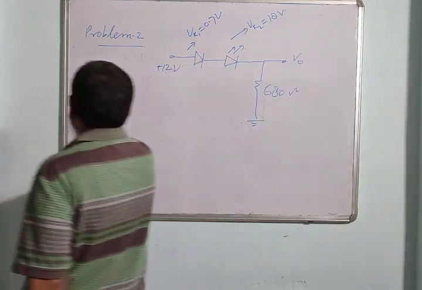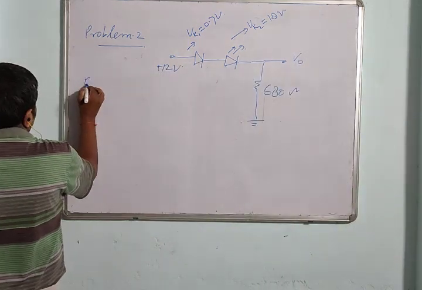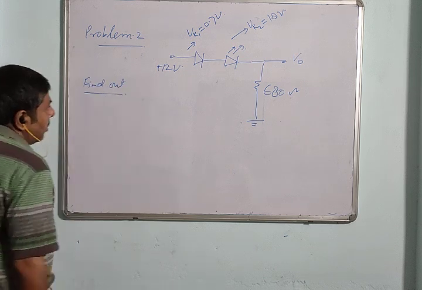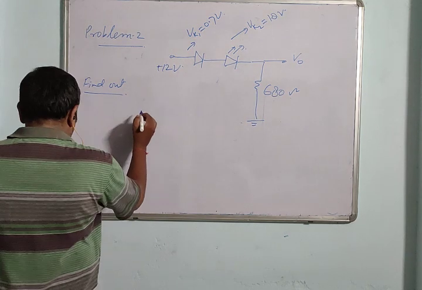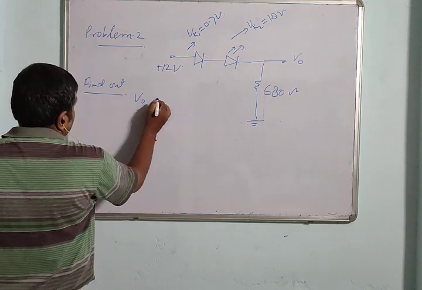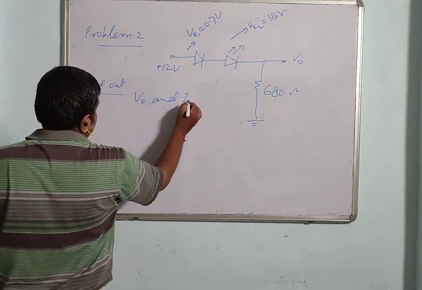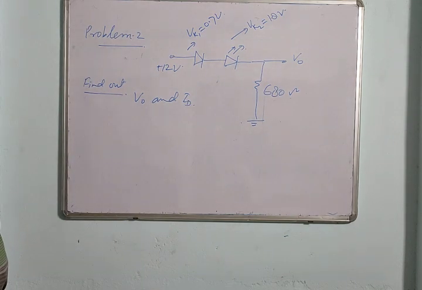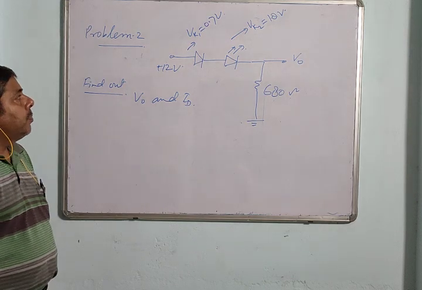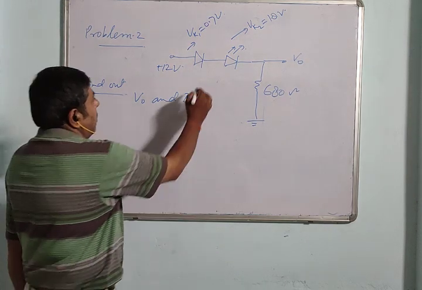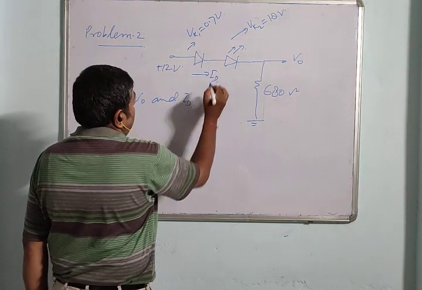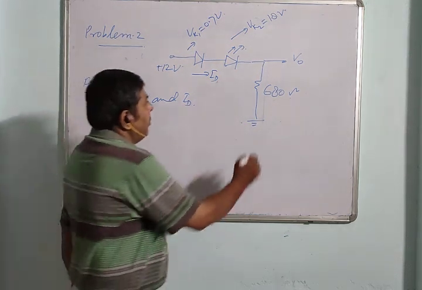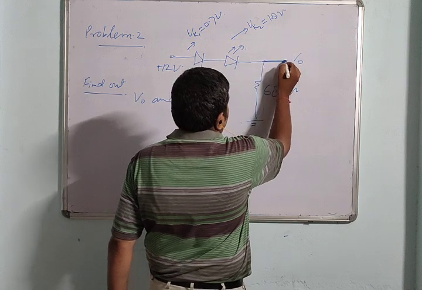You have to find out V0 and ID. This is the ID here, the current through this diode, and the voltage at this node is V0.